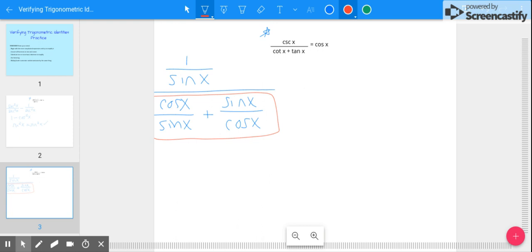So I'm going to multiply the sine x times the cosine x, which means I'm also going to multiply the diagonals. So when I do that, I'll multiply across, get cosine x times cosine x, so cosine squared of x. The numerator over with sine of x, I'll multiply the two sine of x's together and get sine squared of x, and then our denominator is just the multiplication of the two.